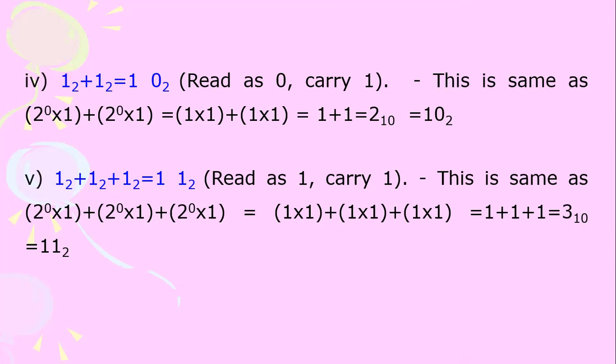So if you add another 1 to 0 carry 1, it simply means you get 0 plus 1, the one that you had carried, will give you 1. And therefore, the final answer will be 1 carry 1. So 0 carry 1 plus 1 gives us 1 carry 1.